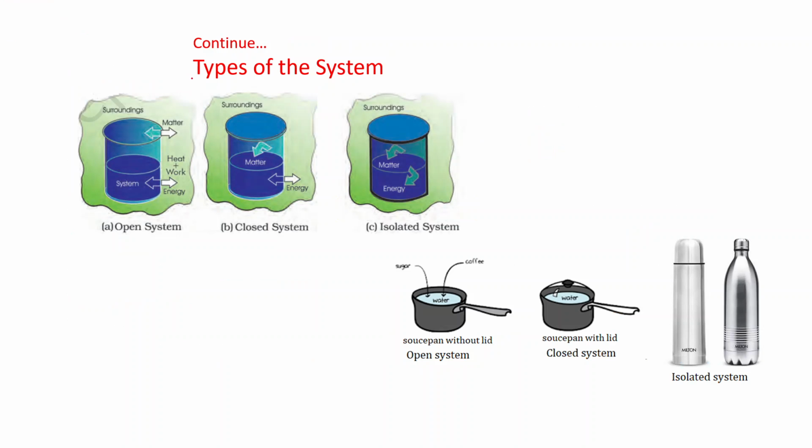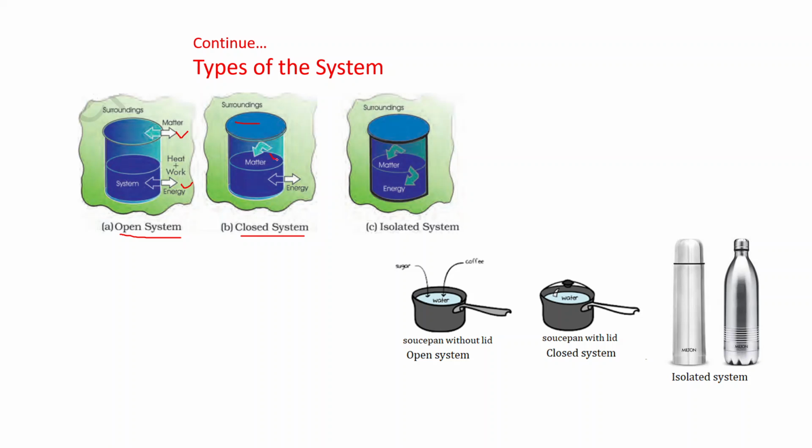Now just see these diagrams. This represents an open system, this representing that matter can exchange, and this representing that energy can exchange with the surroundings. This is a closed system. Now at the top of this beaker, this is closed. A lid is there.